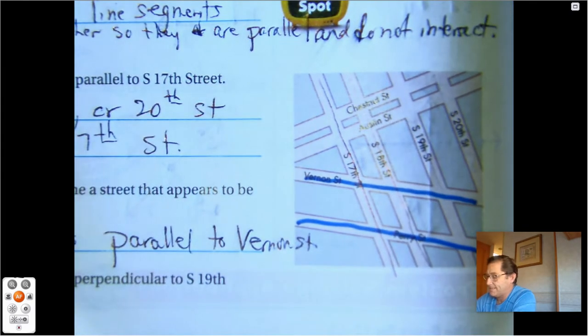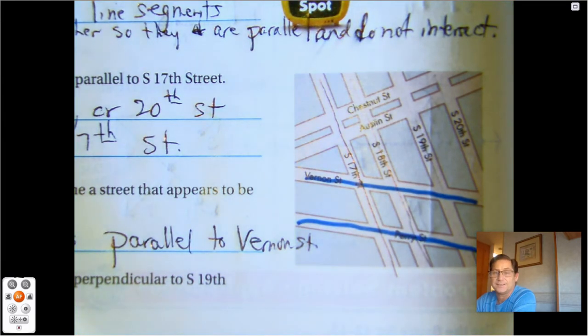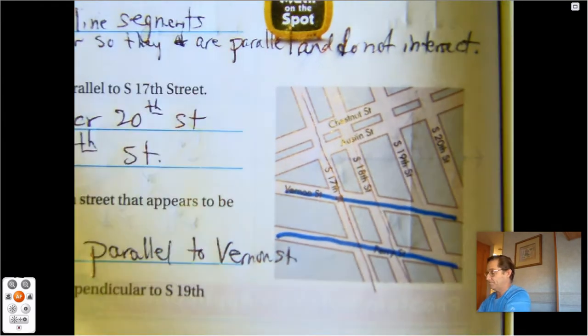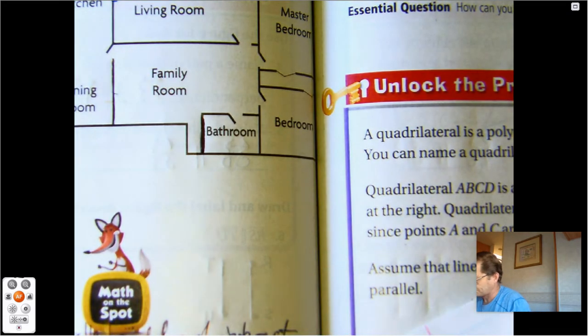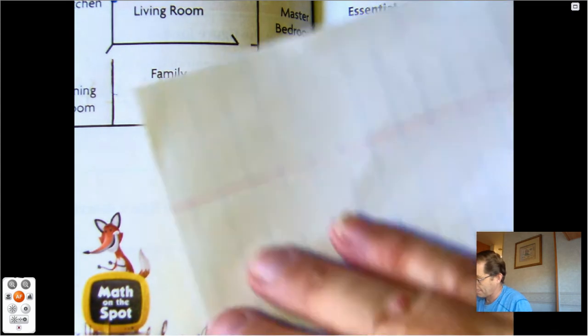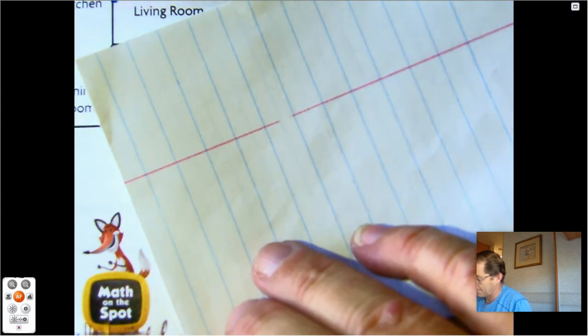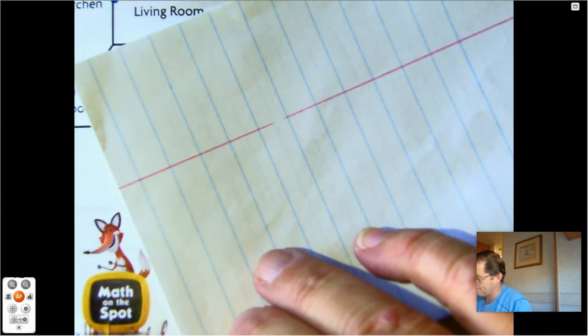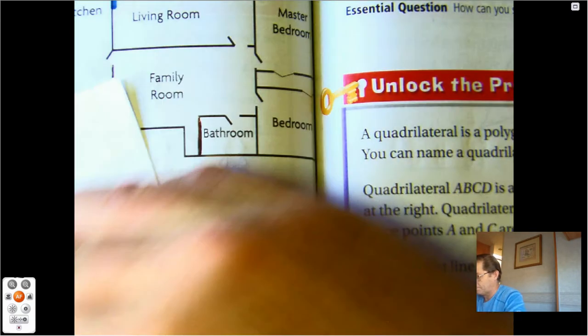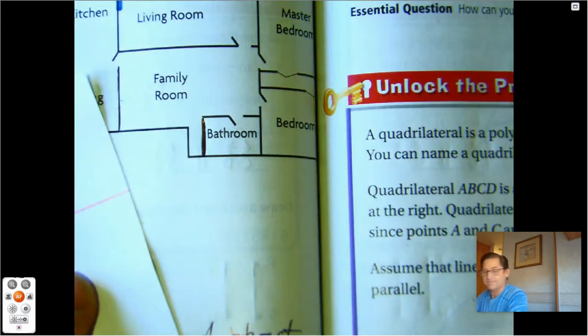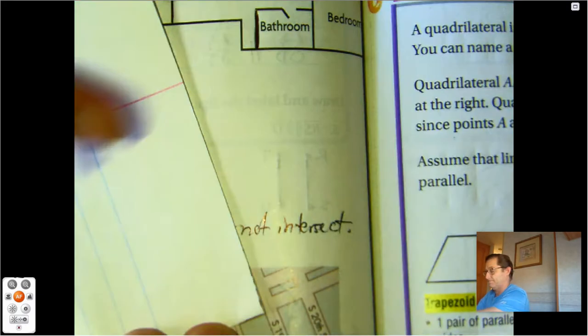Name a street that appears to be perpendicular to 19th Street. So we want something that's going to form a right angle with 19th Street. Okay, so here's 19th Street.